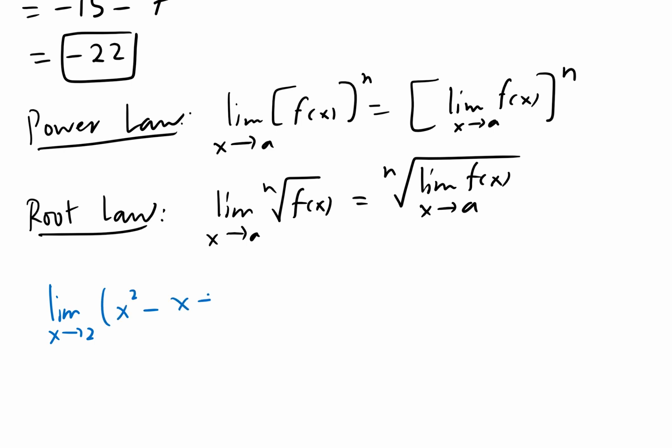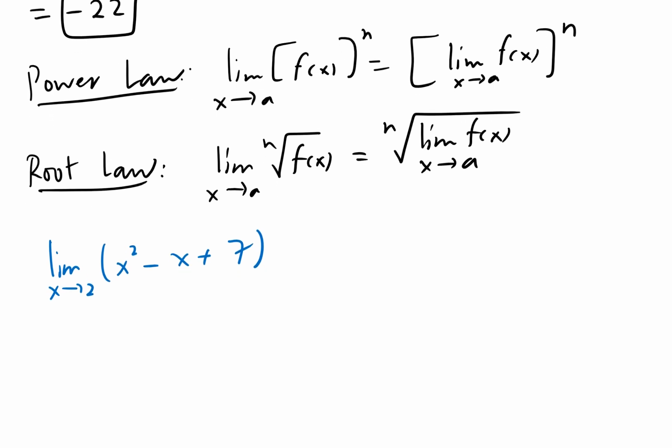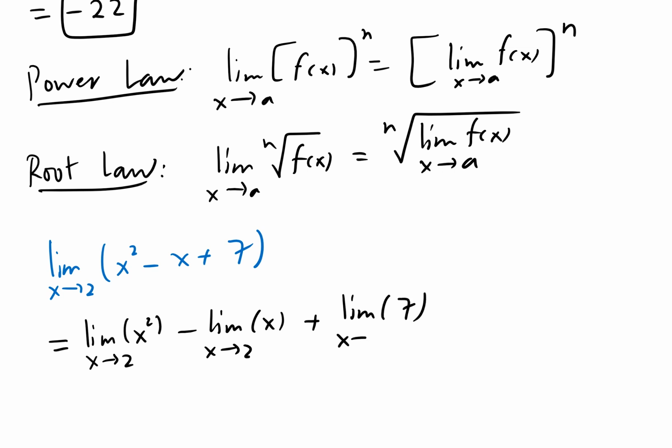So say we're given this function x squared minus x plus 7 and we're asked to find the limit as x approaches 2. To do that, we find the limit of the first one as x approaches 2, minus the limit of the second one as x approaches 2. I'm using the first two laws I stated at the beginning of this section.